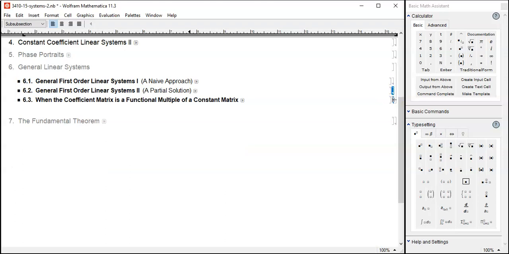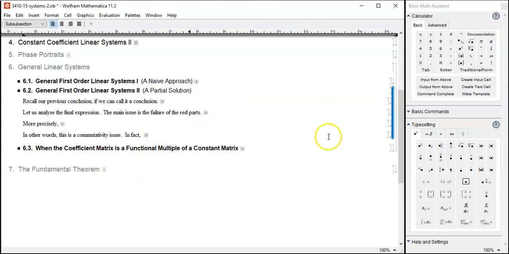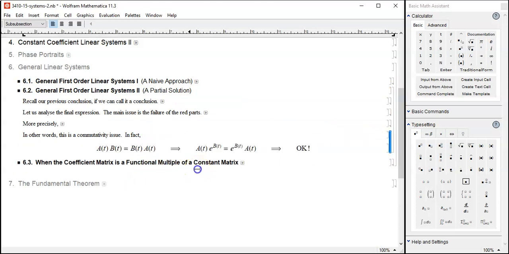If A is a constant matrix, then of course no problem there, because let's consider that. If A is a constant matrix, then actually there's no problem.